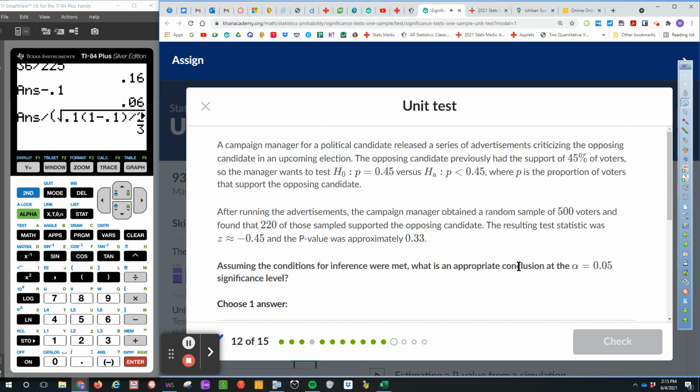A campaign manager for a political candidate released a series of advertisements criticizing the opposing candidate, who previously had the support of 45% of voters. We did this earlier, kind of. The manager wants to test H naught: P equals 0.45 versus the alternate hypothesis P is less than 0.45, where P is the proportion of voters that support the opposing candidate.